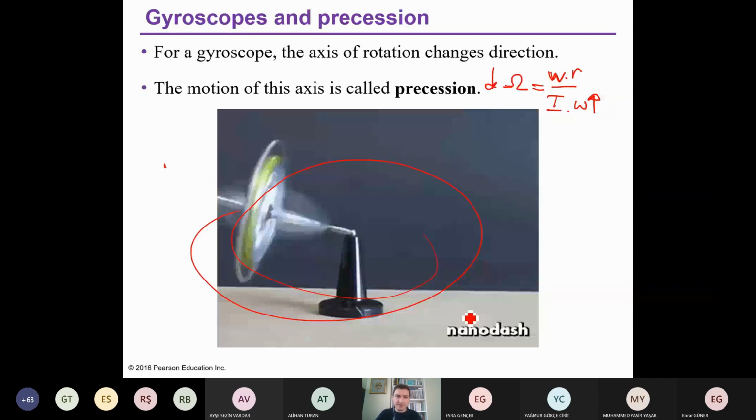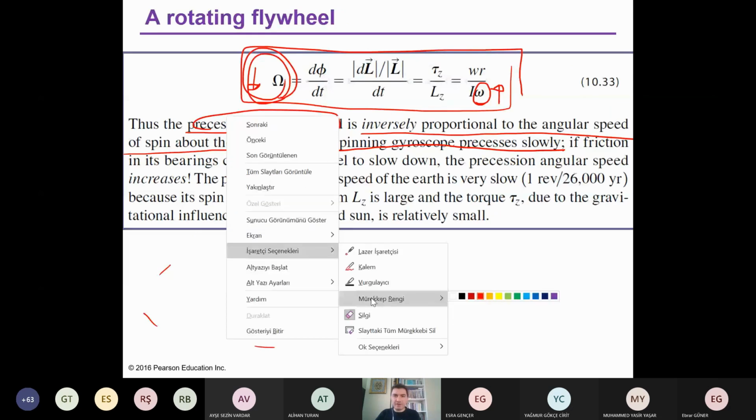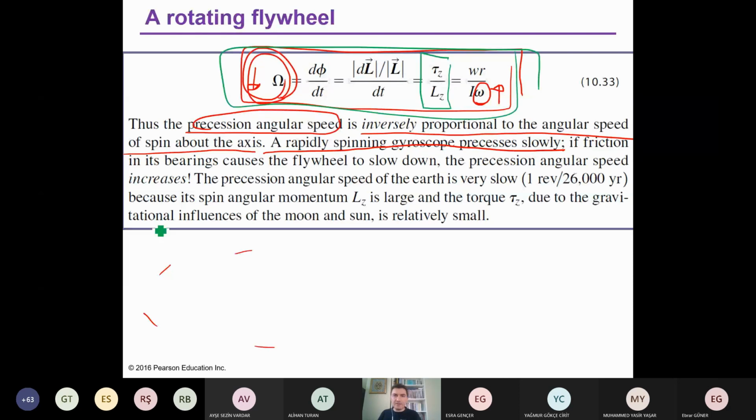Now let me continue with the conditions. Another important result of this equation is this one. If you have large angular momentum, then again you will have smaller precession angular speed. And if you apply this rule to the Earth, for example, the precession angular speed of the Earth is very slow, 1 revolution per 26,000 years, okay?